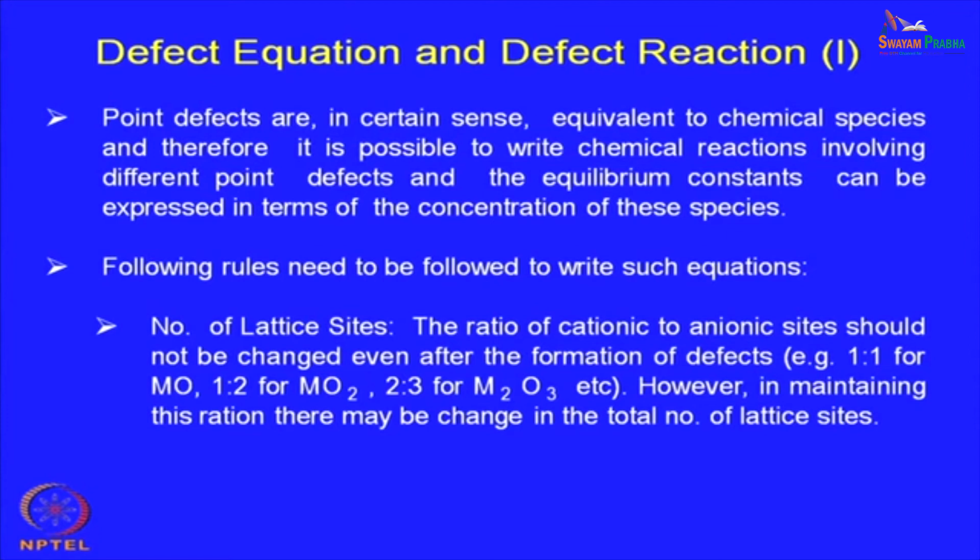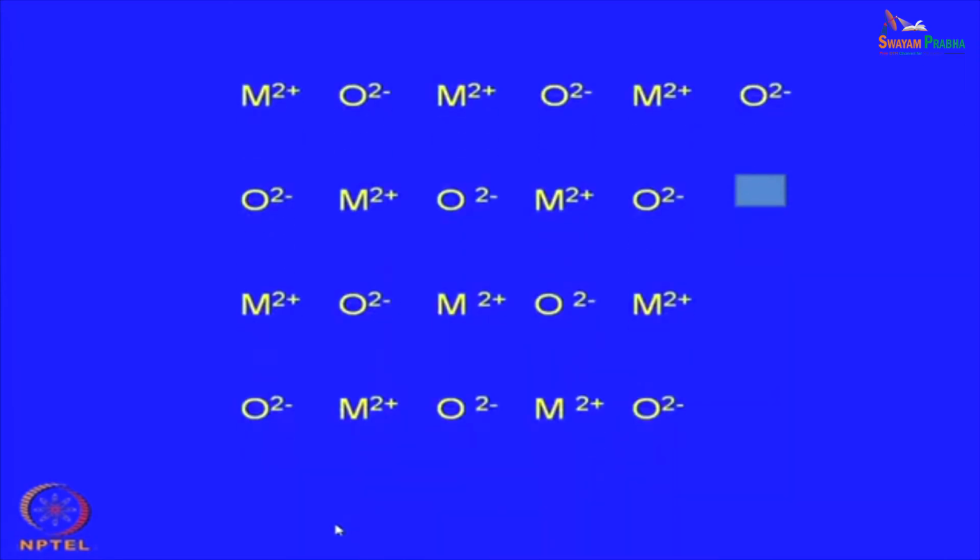However, in maintaining this ratio, there may be changes in the total number of lattice sites. The total number, whether it is 60 or 600 or 700, whatever you take, may change, but the ratio should not. This is what is actually understood by that process.